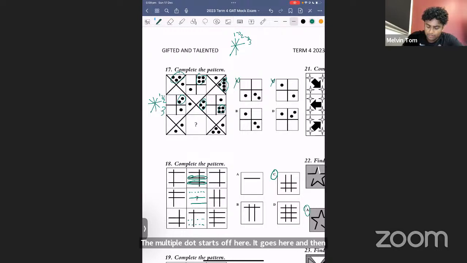It goes 1, 1 each time. And in the bottom row, the multiple dots are here at 1, then it has to be 2, and then it has to be 3 there. So the multiple dots have to be in the bottom right, and the answer is B for question number 17.